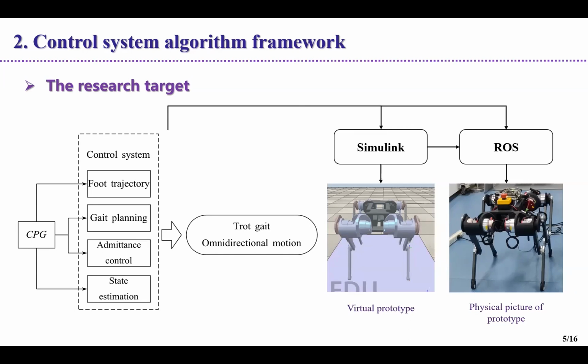And the robot's control system is constructed based on CPG, and a general quadruped robot position control framework is verified through dynamic simulation and prototype equipment. The figure on the right shows the virtual prototype and physical prototype of the quadruped robot built for the research.